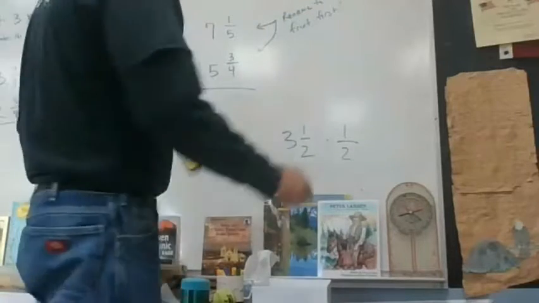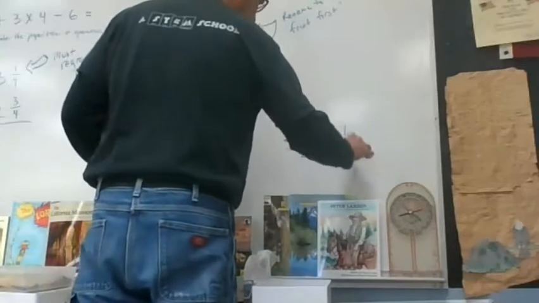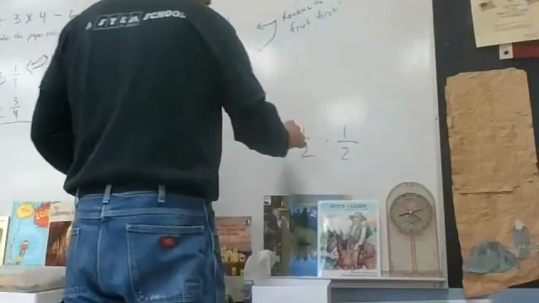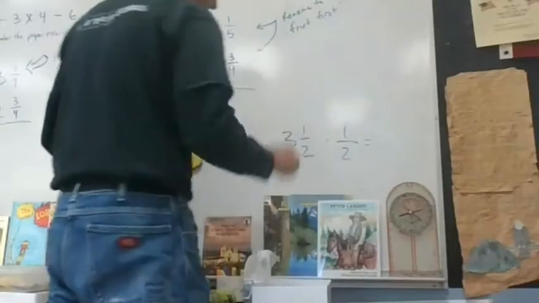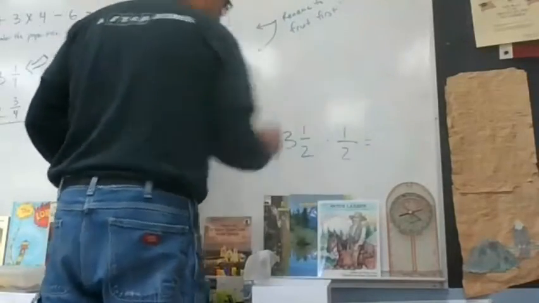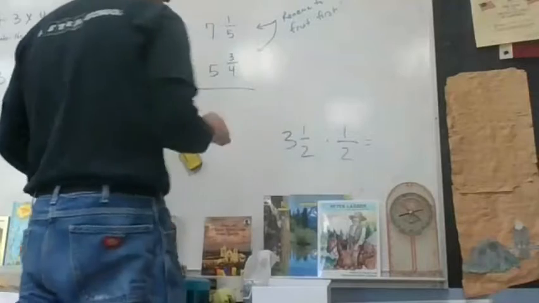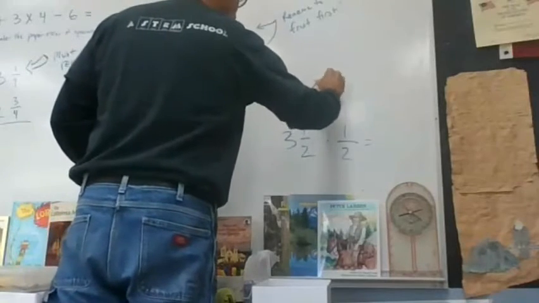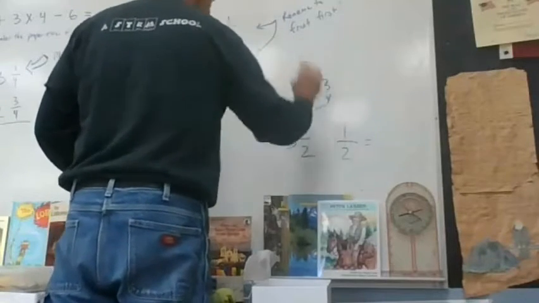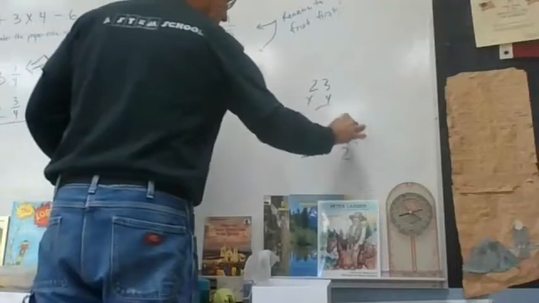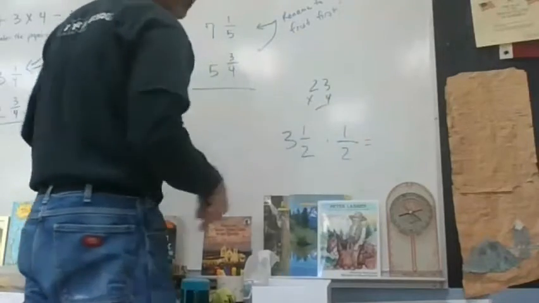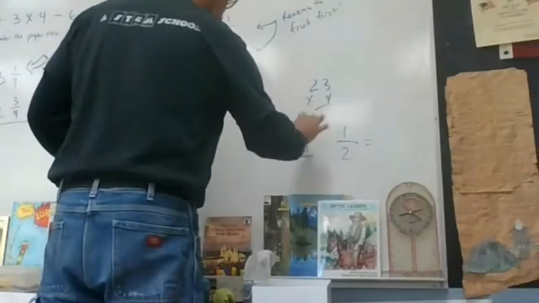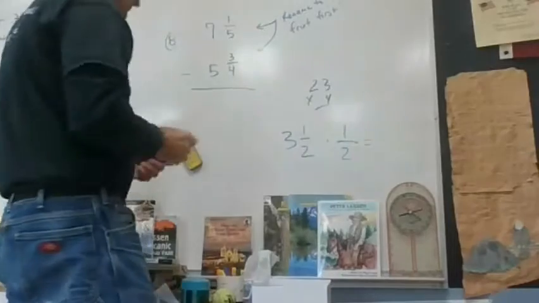See that? So I can't just go, this is 1/2 times 1/2 equals 1/4 and 3. That's not correct. And the reason for that is I need to go 1/2 times the half and 1/2 times the 3. Just as though I did this kind of thing. I need 4 times the 3, 4 times the 20. Same concept. I can't just go 4 times 3 and then put a 20 down. I got to go 1/2 times the half and 1/2 times the 3.